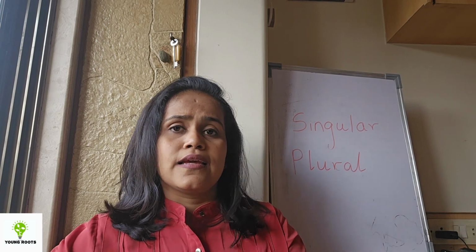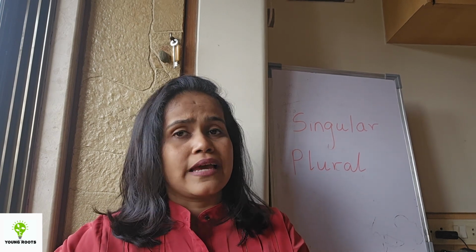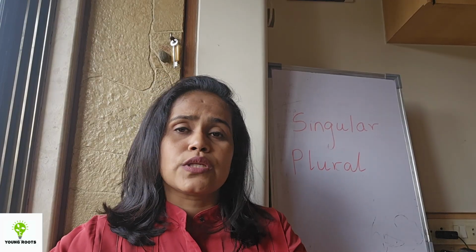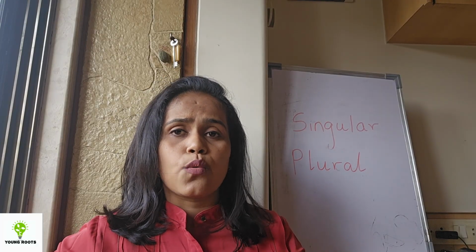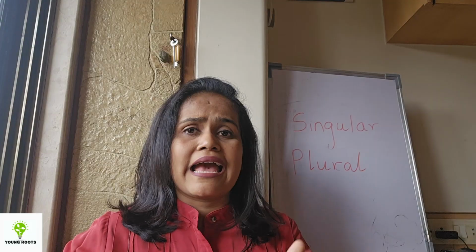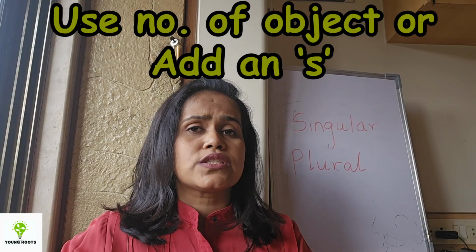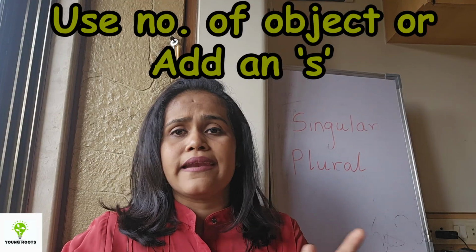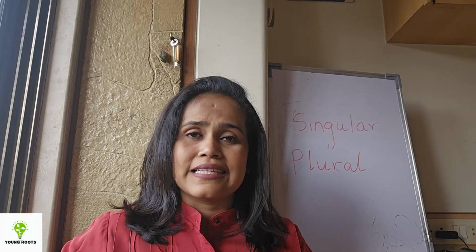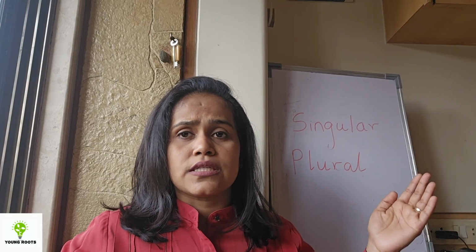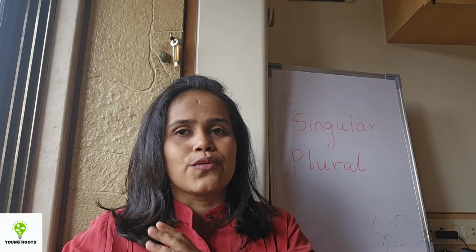Then name, place, animal and thing. Okay, so like that, whenever it is more than one place, animal or thing, you use the number of object or you add an S. Let's come how we change the singular object to a plural object.